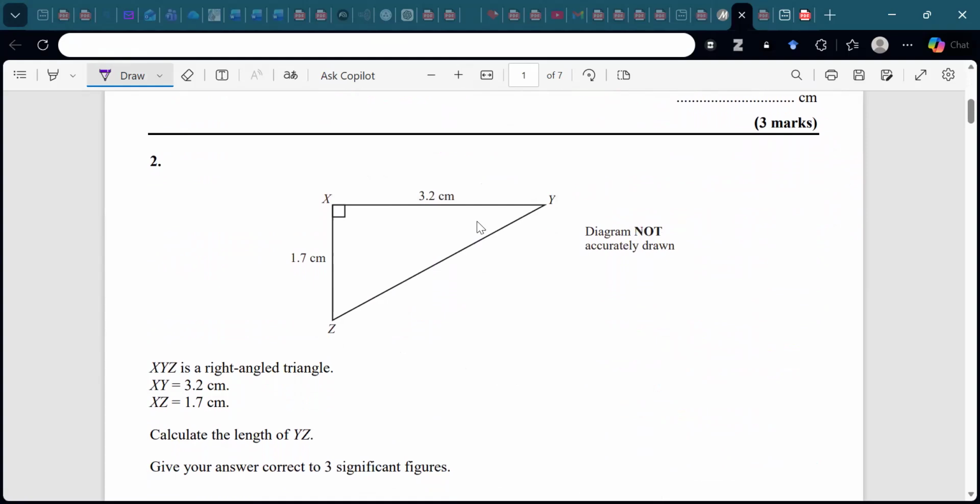Now you're going to see this become very repetitive because you're just dealing with Pythagoras' theorem. You're going to get different shapes and you're going to need to know how to find the hypotenuse or the length of another side. This side over here is the hypotenuse. So the hypotenuse is ZY and it is unknown to us.